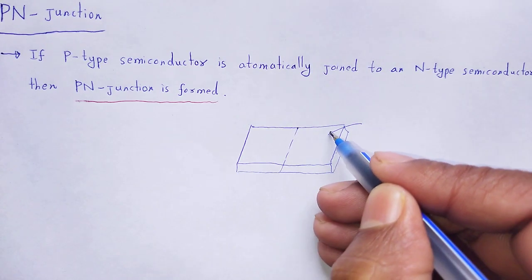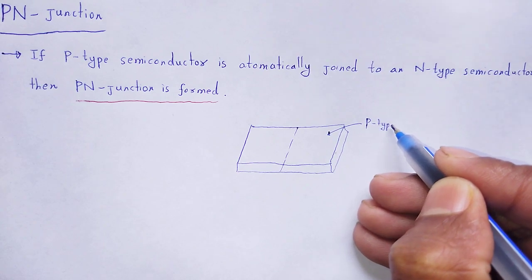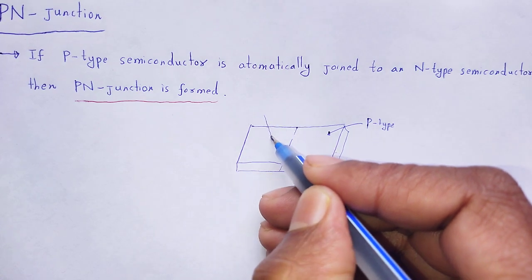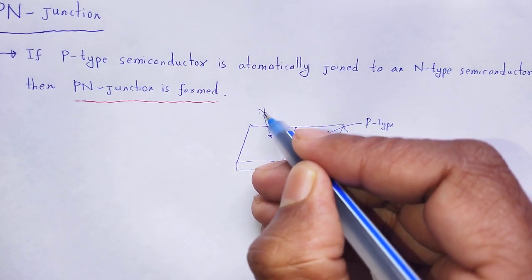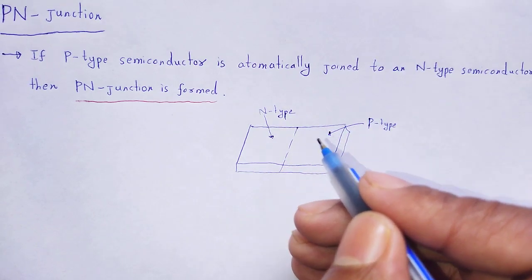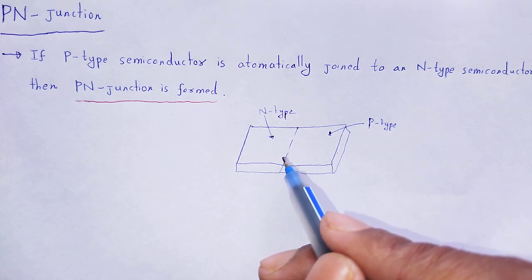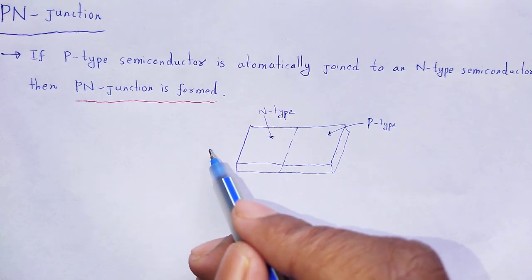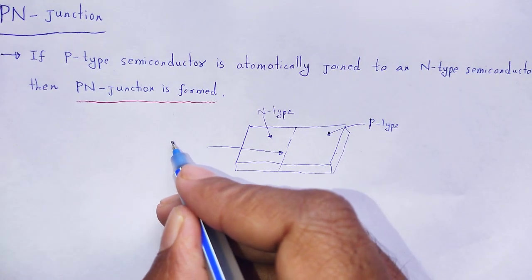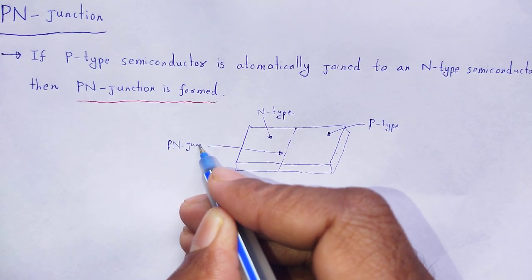That portion is p type, that portion is n type, and combining them we form a PN junction.